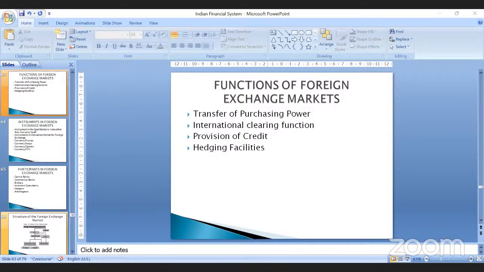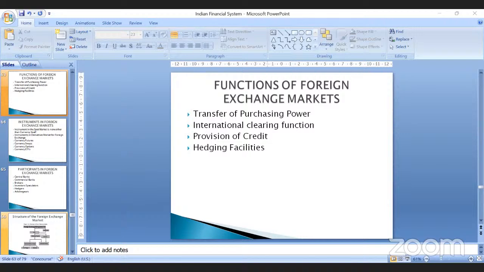To put it in simple terms, they help you convert one currency into another. For example, if the USA is exporting to India and the payment has to be made in rupees, the dollars are converted into rupees by the foreign exchange market. They help you convert foreign currency into your own domestic currency, or your domestic currency into foreign currency.